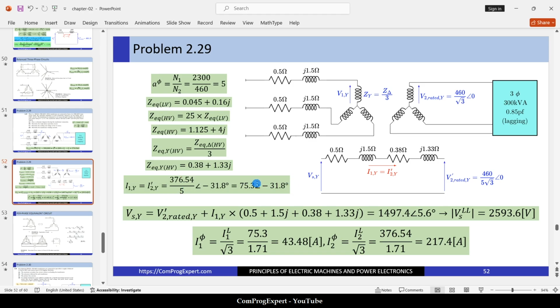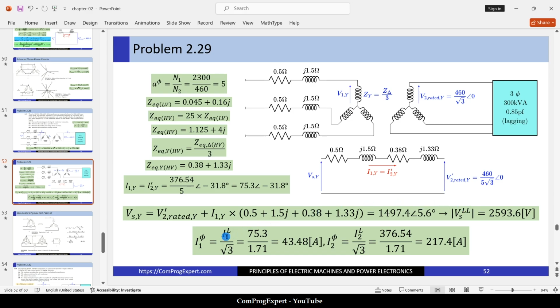Finally, we can write a KVL here and find the source voltage using this equation: the total impedance here times the current plus V2 prime rated. Here is the value of the source voltage per phase, and line to line is square root of 3 times this one. The amplitude is important. This is the amplitude of the line to line source voltage.